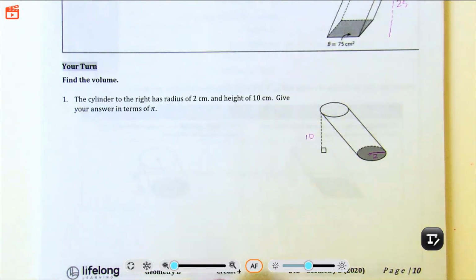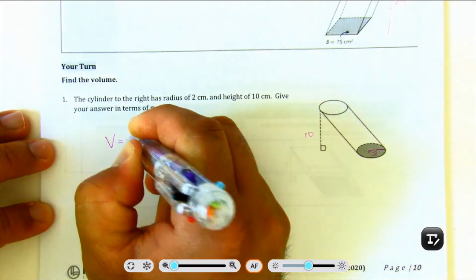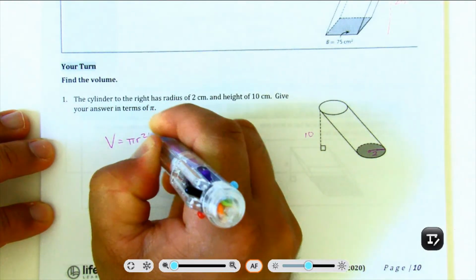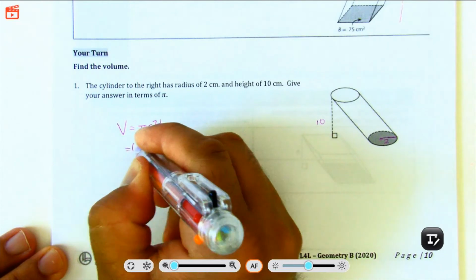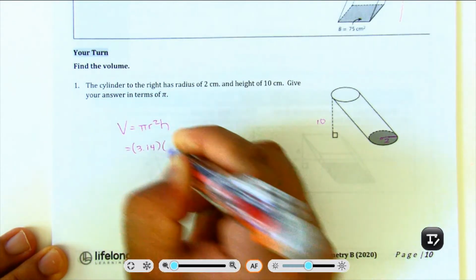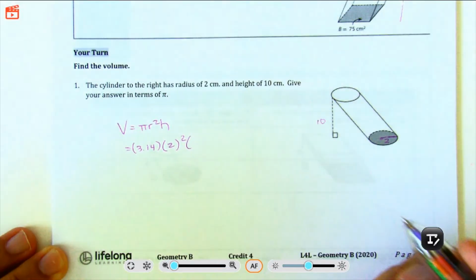And we're going to be using the volume is equal to pi r squared times the height formula. And I'm going to replace pi with 3.14, the radius with 2, and the height with 10.